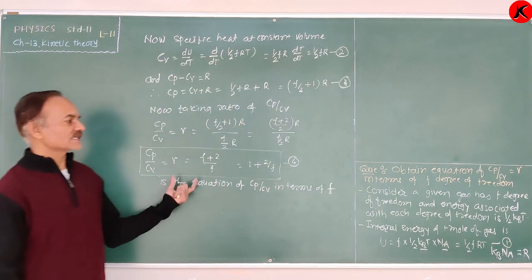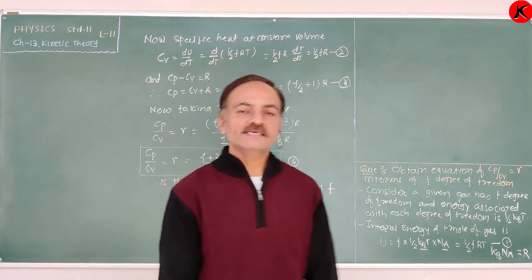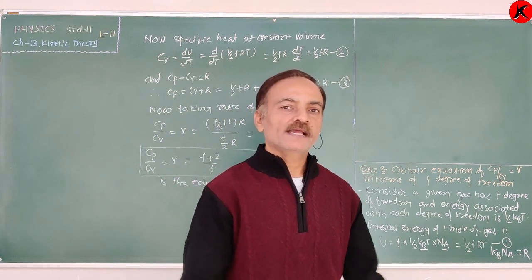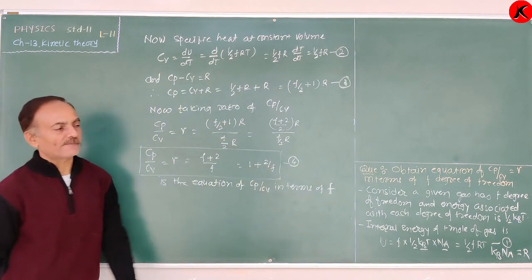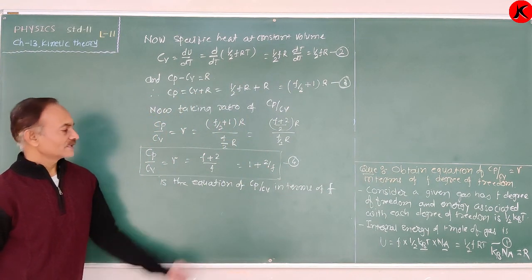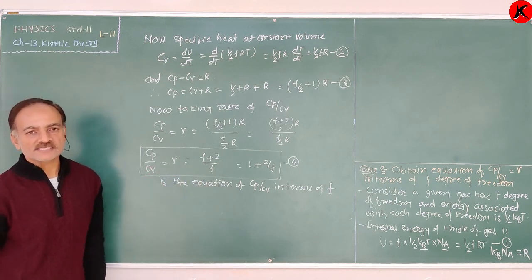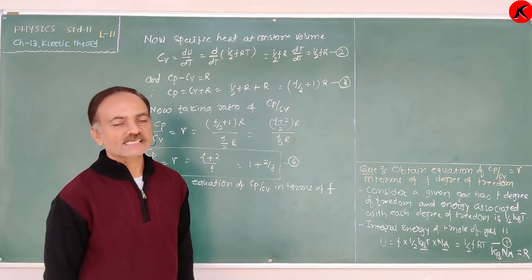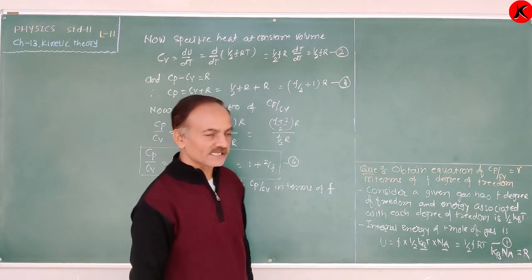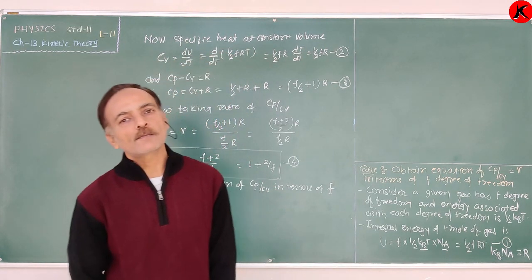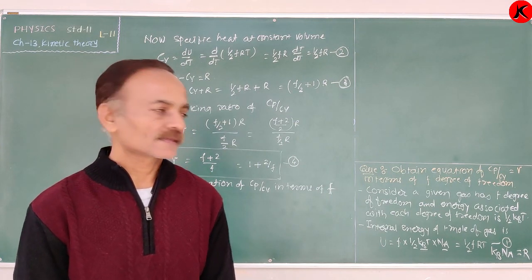Very easy. That is the general equation of the ratio Cp upon Cv in terms of the degree of freedom. If we substitute different values of F, we can obtain the different values of Cp upon Cv for different gases, like monoatomic, diatomic rigid, diatomic non-rigid, and also for polyatomic gas.